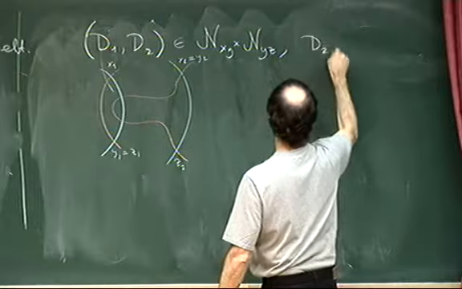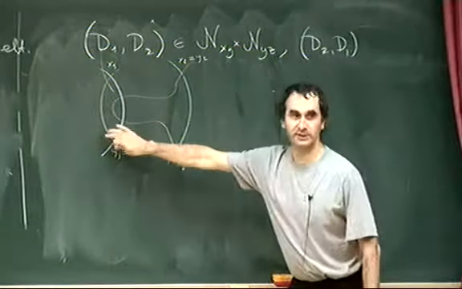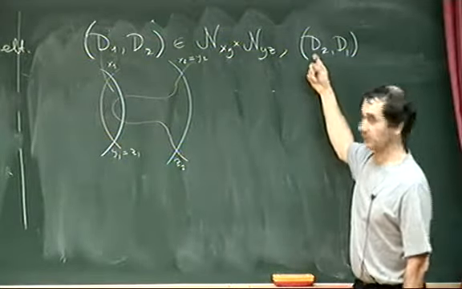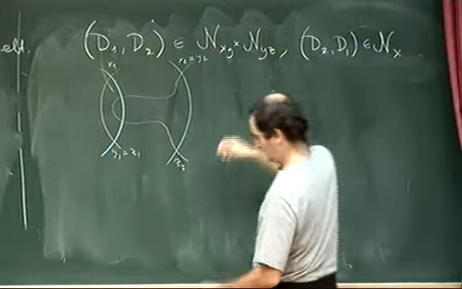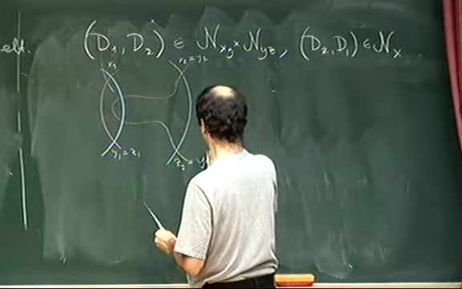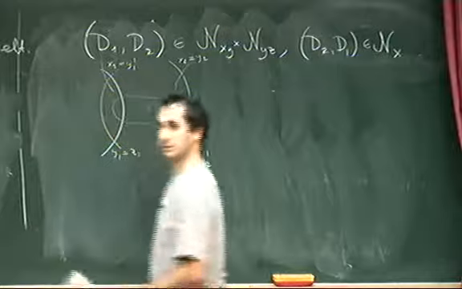So let's take D2, D1. So the same two bigons, but now I apply this first. So this will be an element of N x, and now I have to tell you what. So this will be a y2 prime, and this is a y1 prime.